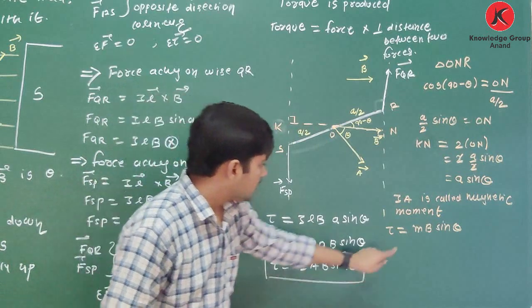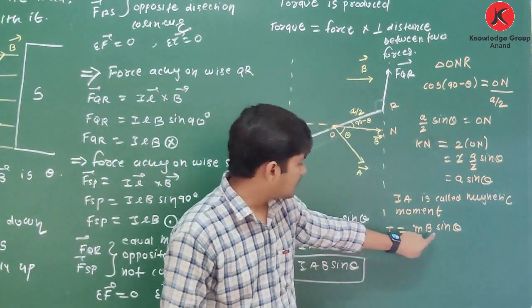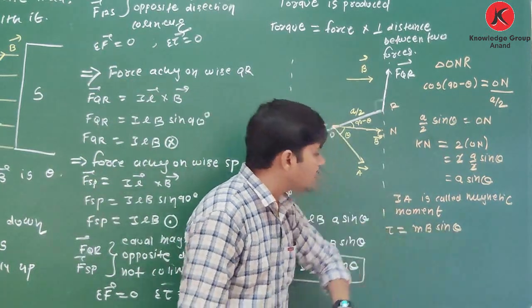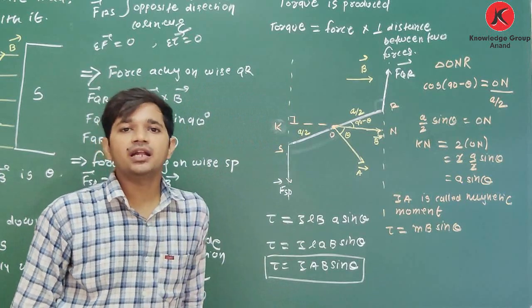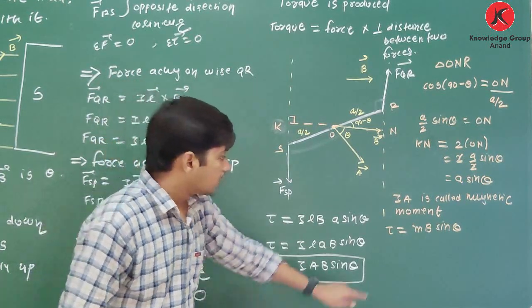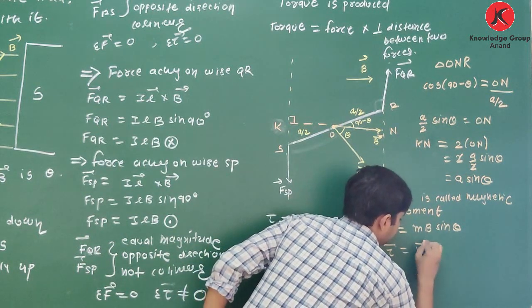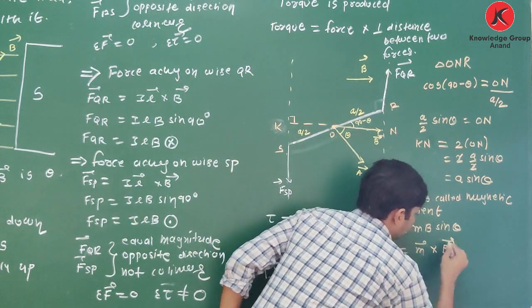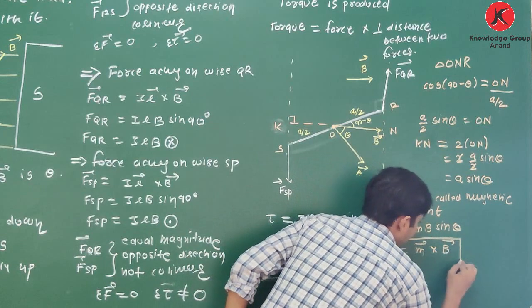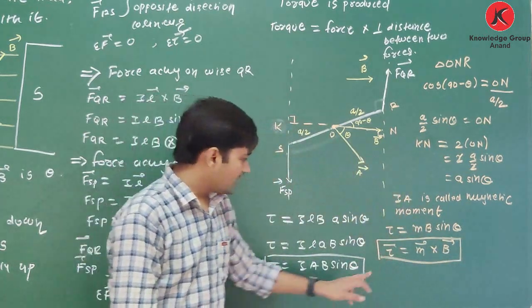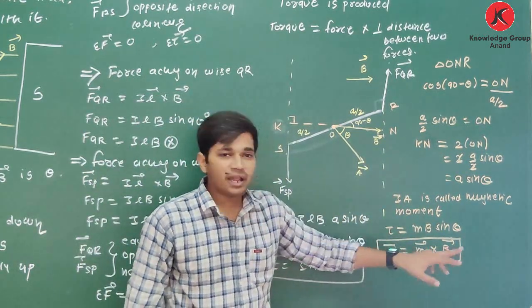So yes, this is the magnetic moment, this is the magnetic field, and the angle between them is theta. So how to write this in vector form? Tau is equal to M cross B, magnetic moment cross magnetic field.